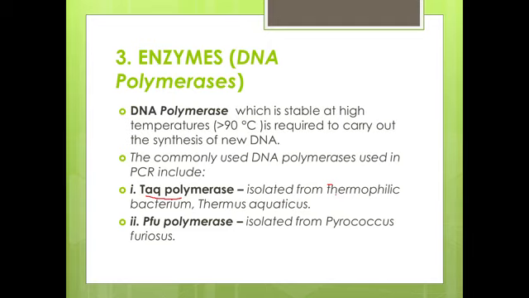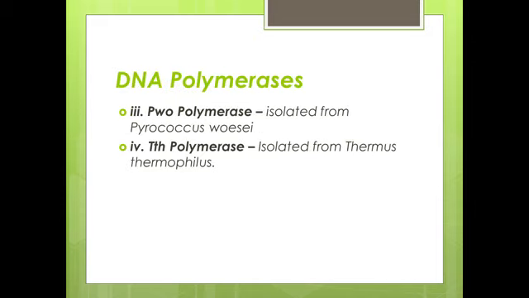Another DNA polymerase which is used is Pfu polymerase. It is isolated from another bacterial species, Pyrococcus furiosus. Another type of DNA polymerase that can be used is Pwo polymerase, which is obtained from Pyrococcus woesei. Another DNA polymerase which is used is the Tth polymerase, isolated from Thermus thermophilus.